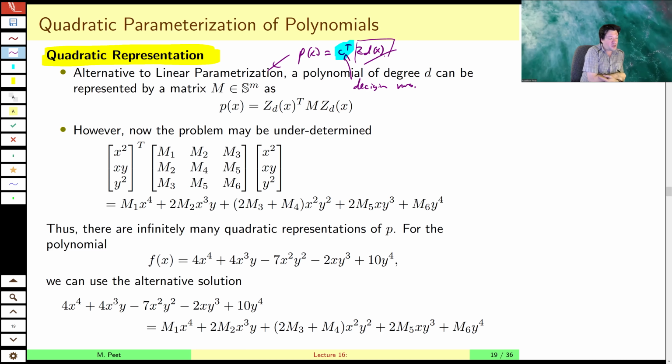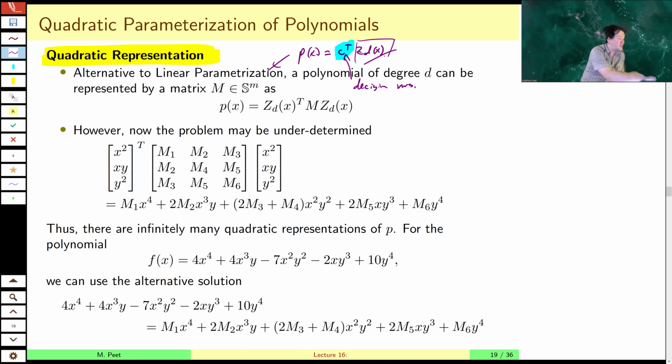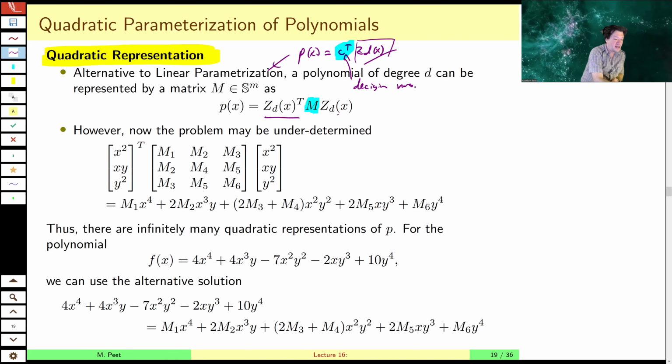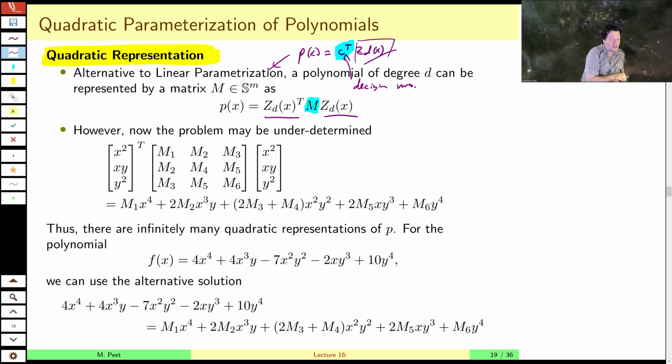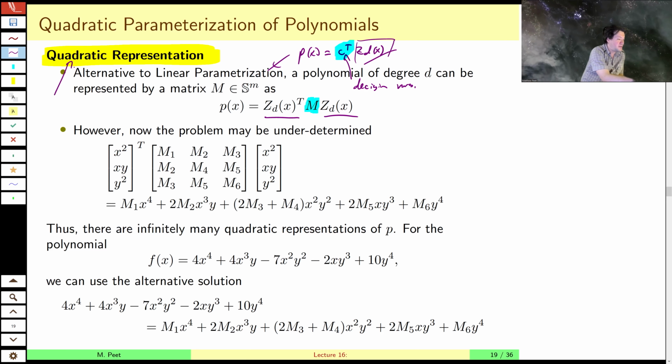Actually, our quadratic representation is still going to be linear in our decision variables, M, but it's called quadratic because it has the zd on the left and the right. So it's quadratic in zd of x, so quadratic in the independent variables.